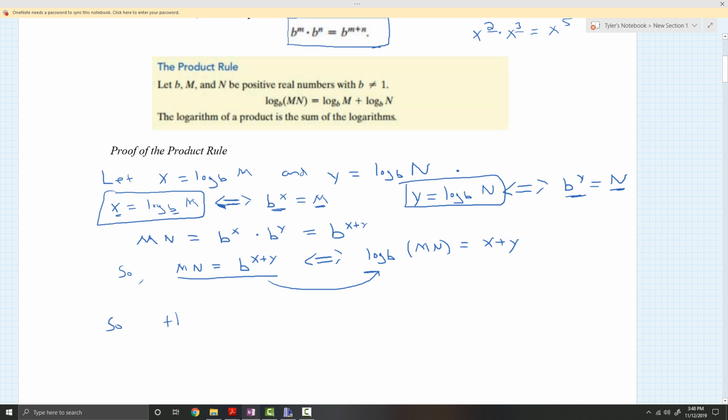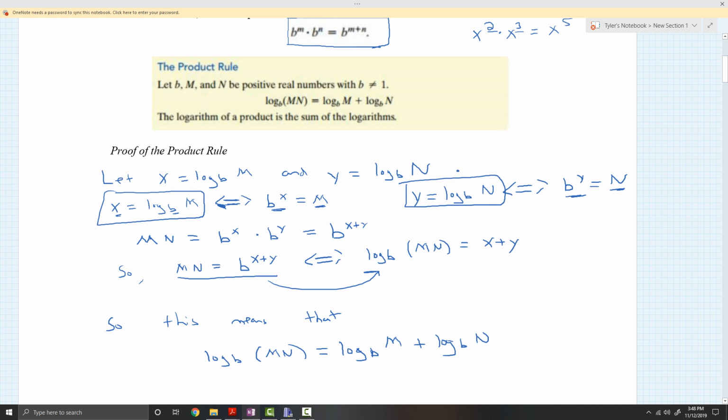So this means that log base b of mn equals log base b of m plus, so plus y, which is log base b of n.